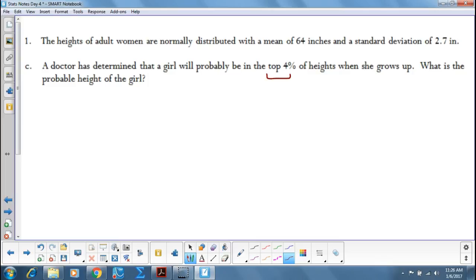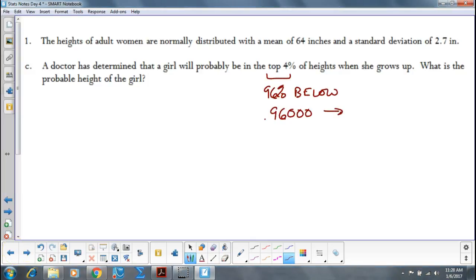Top 4% means that there is going to be 96% below. So I need to look on my z-score chart for the number closest to 0.96000.